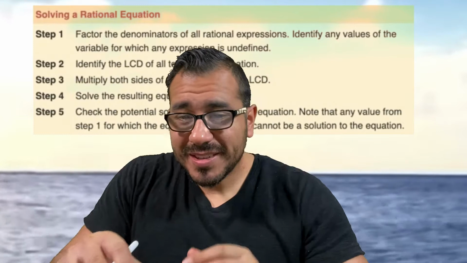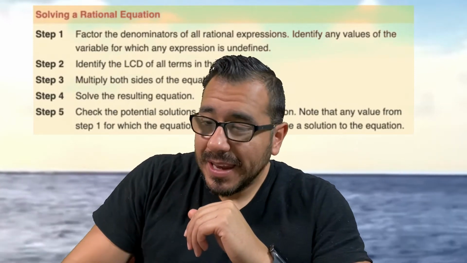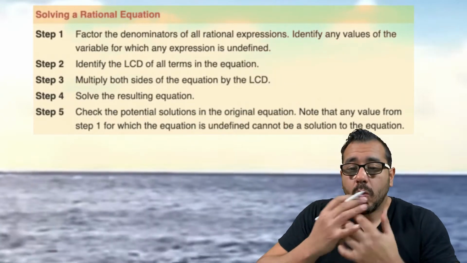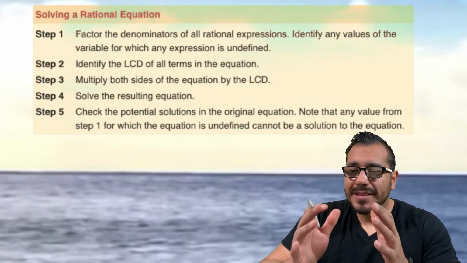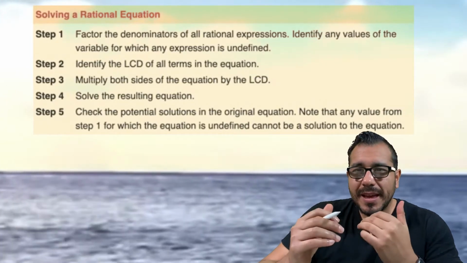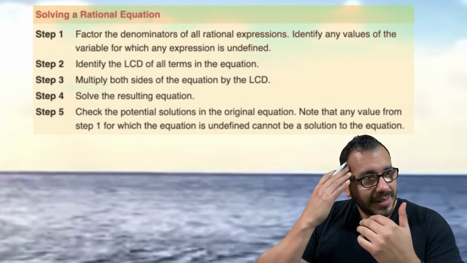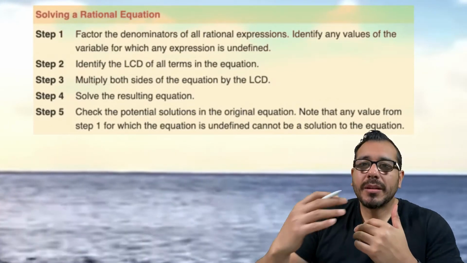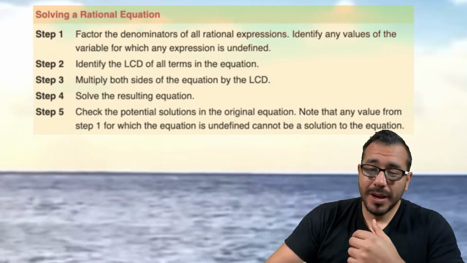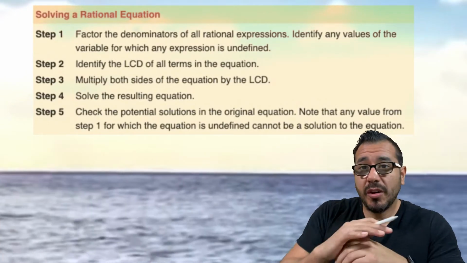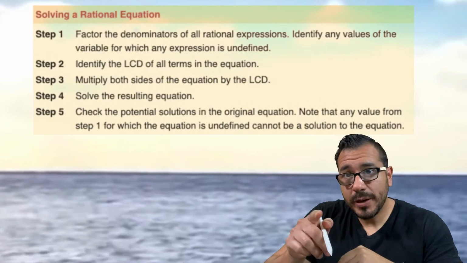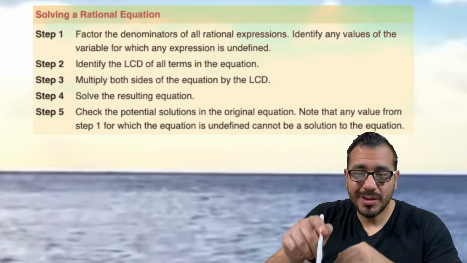And here are the steps that we're going to be looking at when we're solving these rational equations. And this is for those of you that like steps. I'm not too much of a step guy. I'm more of a rationale, where I like to think about the process and what makes sense. But if you're a step person, what you're going to be doing is factoring all your denominators. The numerators, leave them alone. Don't touch them.